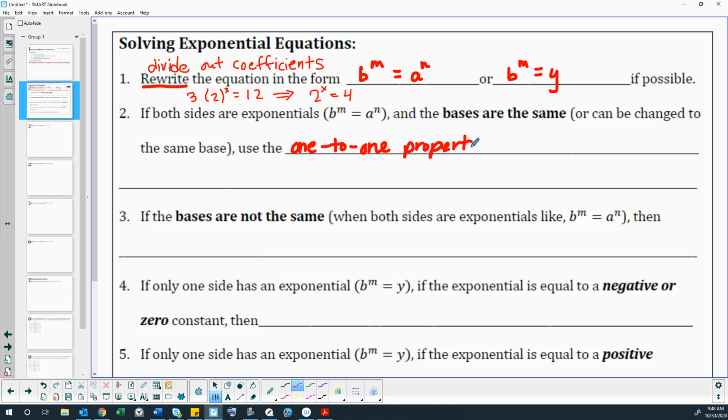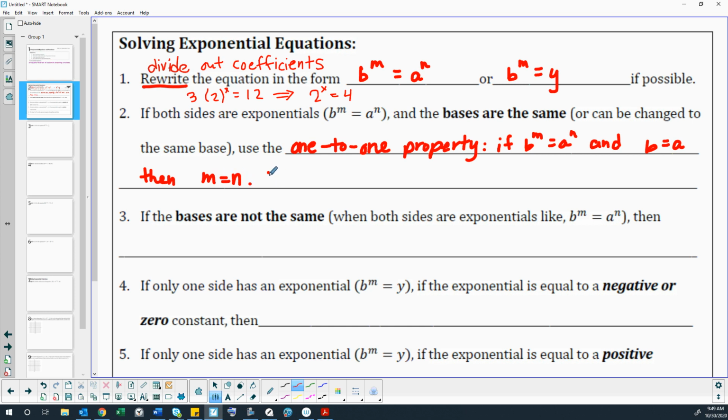What that property says is that if b to the m equals a to the n and b equals a, so that our bases are the same, then we can just set the exponents equal to each other: m equals n.